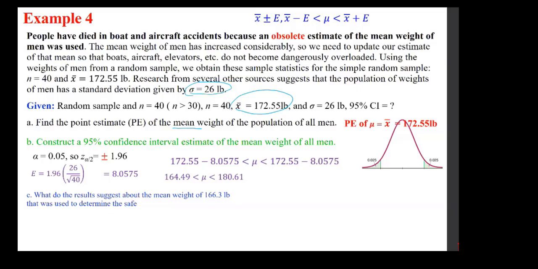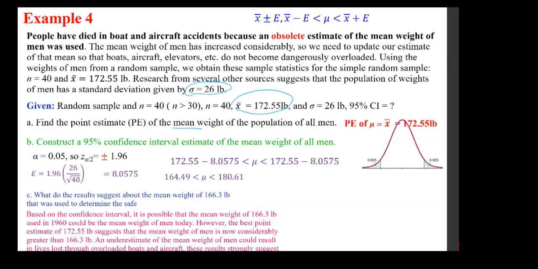What do the results suggest about the mean weight of 166.3? Notice 166.3 is in between. So based on this data, it could happen that the mean is in between. But notice it's extremely close to the left. That's another thing that is important.